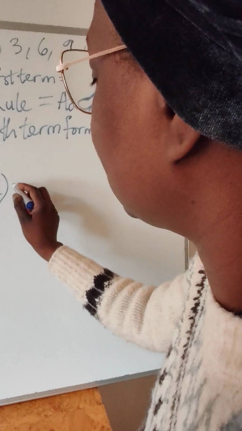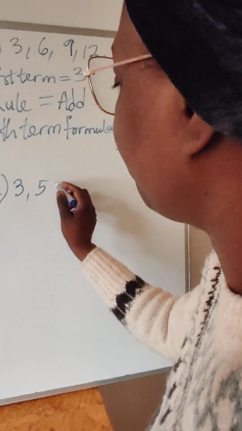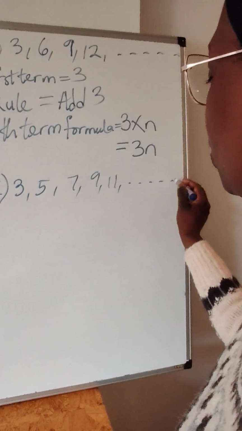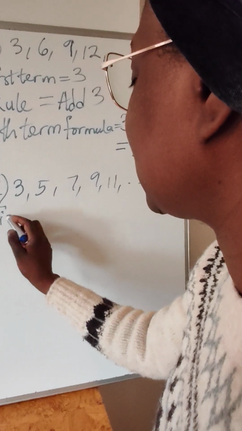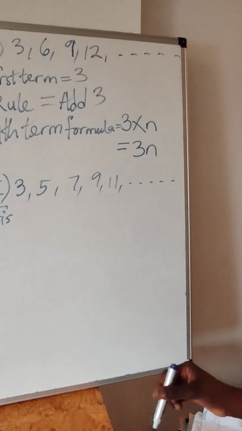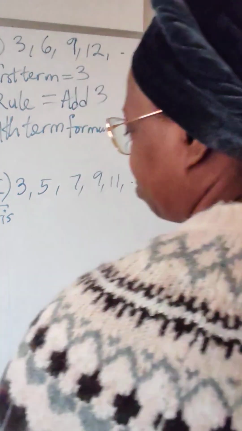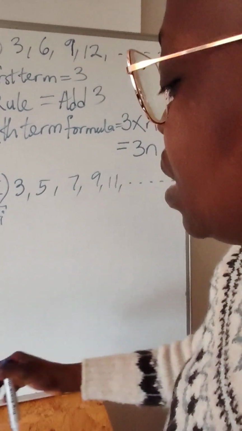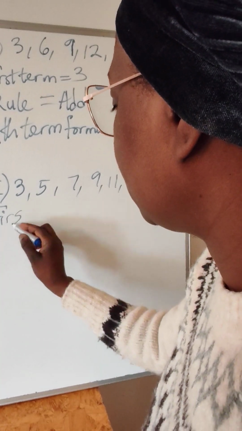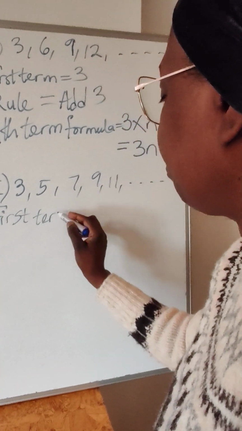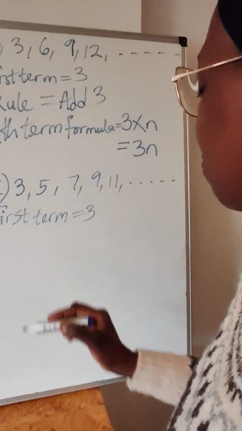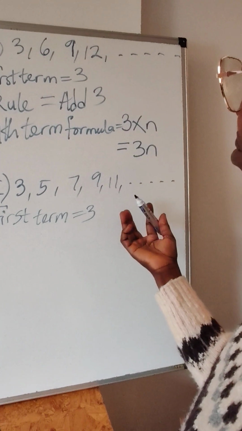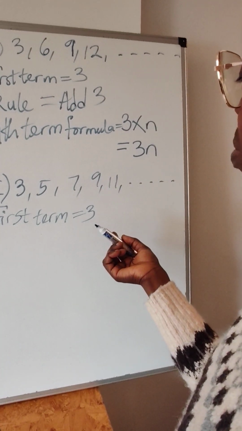The third sequence is 3, 5, 7, 9, 11, and so on. Here the first term is 3. If we look at it very well, let's try to get the connections between the terms.